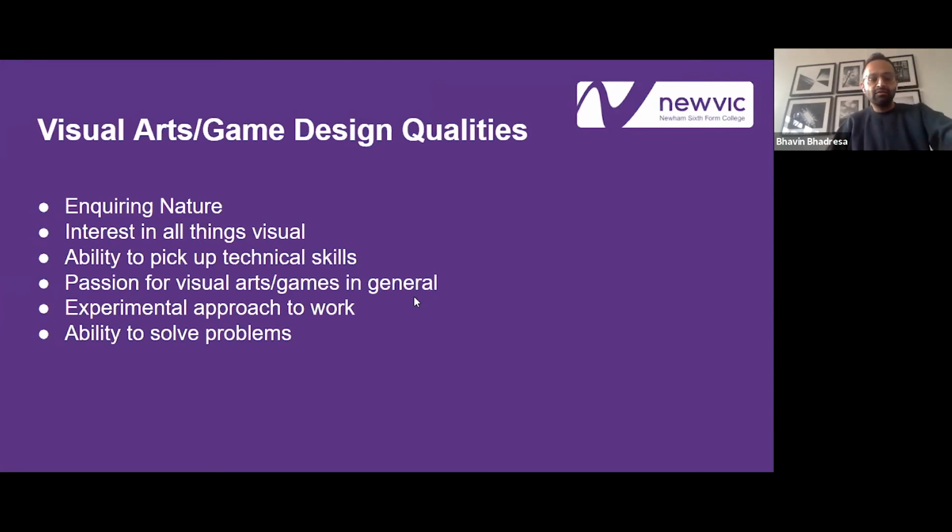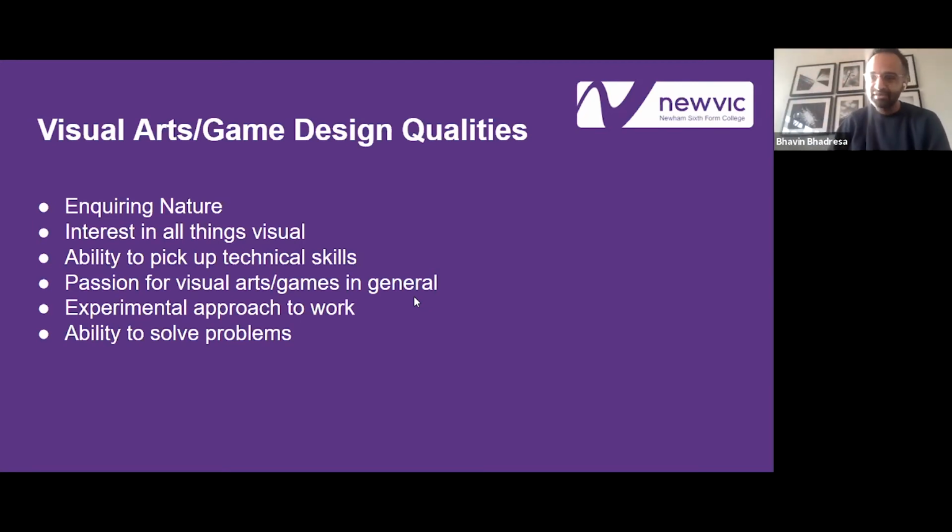And then the penultimate one there is experimental approach to work. What we mean by that is for anyone that comes to study with us in any of these courses, so we've got the media courses, art and design, and ICT courses, we want you to learn, we want you to make mistakes, and then we want you to learn from those mistakes. Nobody comes out polished or perfect from school, and that's the same at all levels of education and in your life as well.